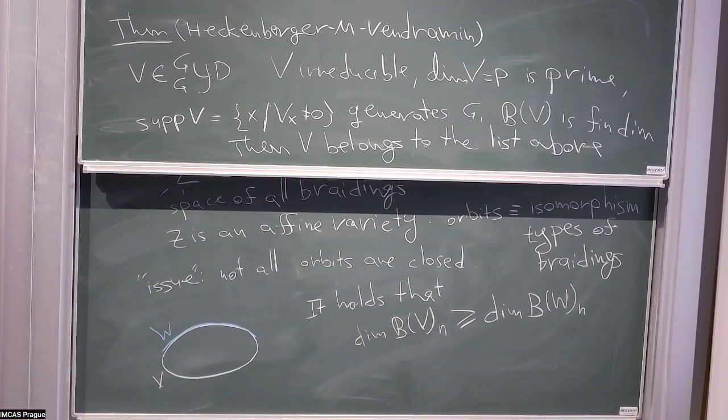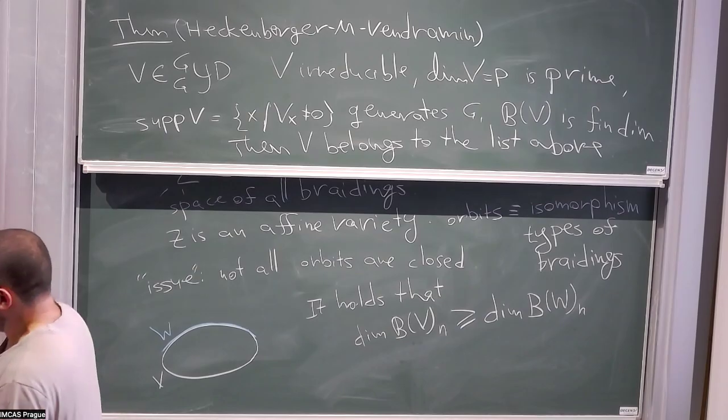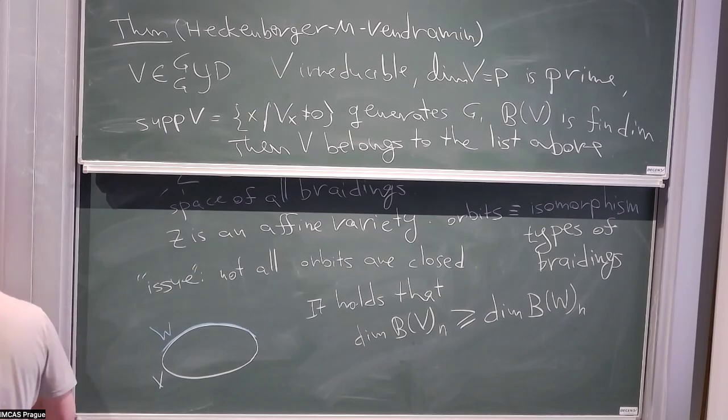Let me recall that V_i tensor V_j we send to, I want to say one of them was B, one was 1 minus B, I have it here, (B_j plus 1 minus B_i) tensor V_i, times minus 1.